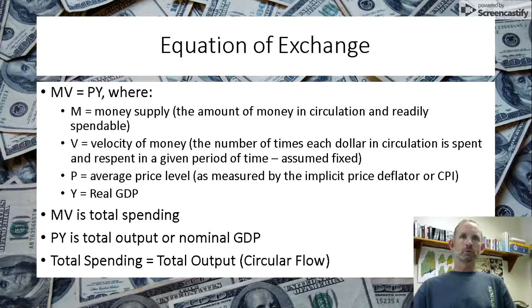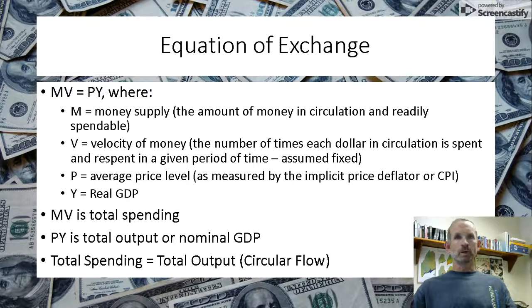The equation itself is pretty simple. It's MV equals PY, where M represents the money supply. That's a key concept. Money supply, the way economists define it, is the amount of money in circulation and readily spendable. So it's not all of GDP, it's not net worth, it's how much money you have that's liquid, that you could put your hands on and spend immediately.